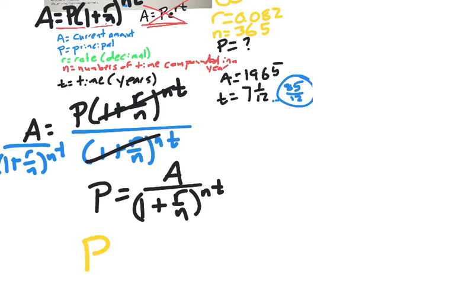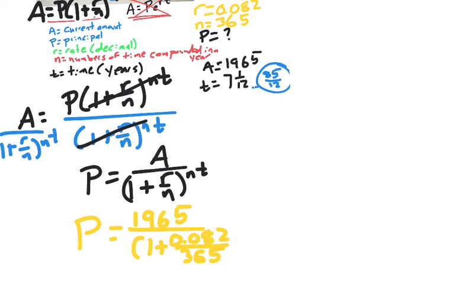I'm taking all those values. So P equals the amount, which was 1965, over 1 plus my rate, which is 0.082, over N, which in this problem is 365 because it's compounded daily.